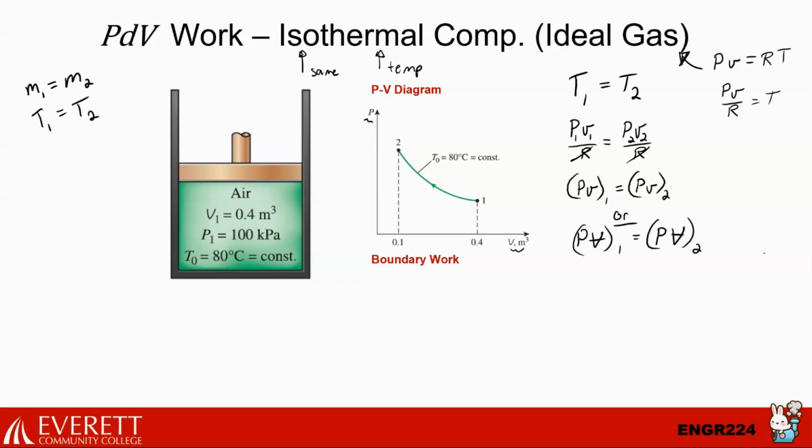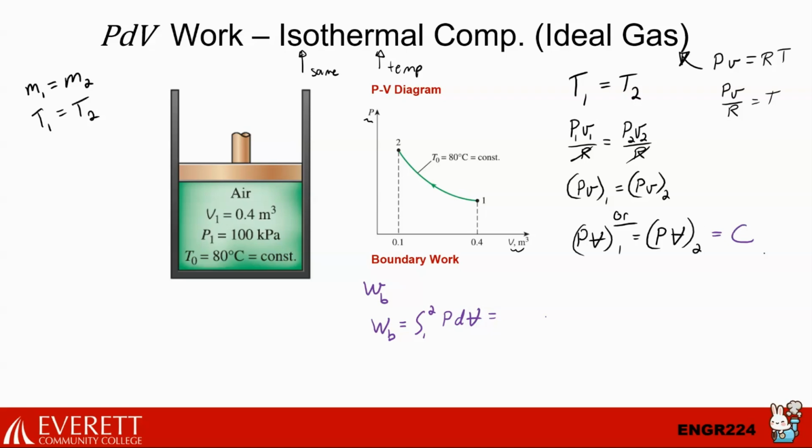So when we actually do calculate our boundary work here, work at the boundary, I'm going to go with capital B this time just to be a little different. So we'll say the integral from 1 to 2 of pressure dV. Based on what we just wrote up here, that combo of stuff is just equal to, let's call it, some constant.